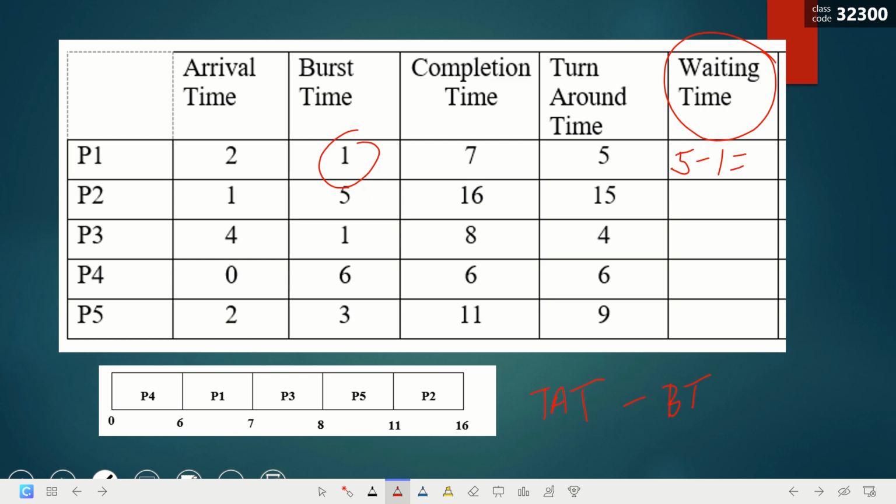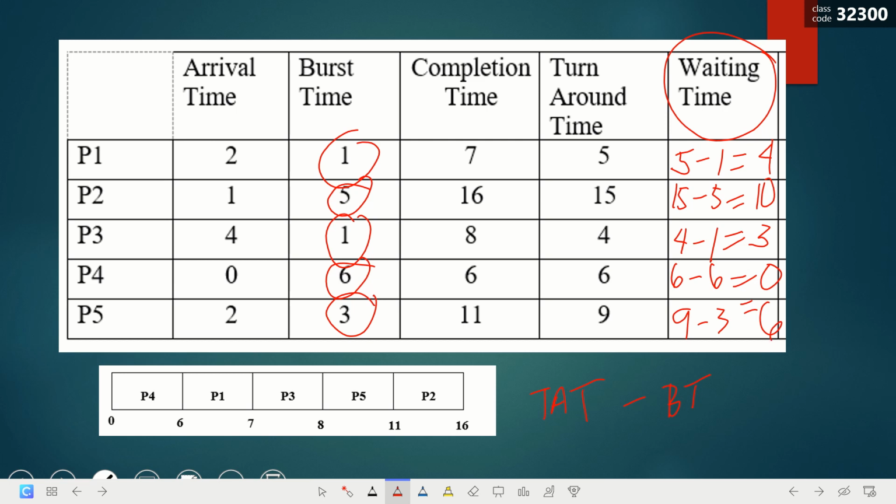Okay, so we have 4. And then 15 minus 5, we have 10. Then 4 minus 1 is equal to 3. Then 6 minus 6 is equal to 0. Then 9 minus 3 is equal to 6.